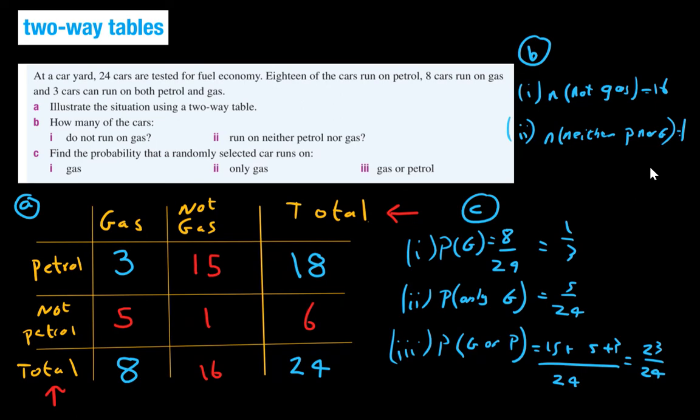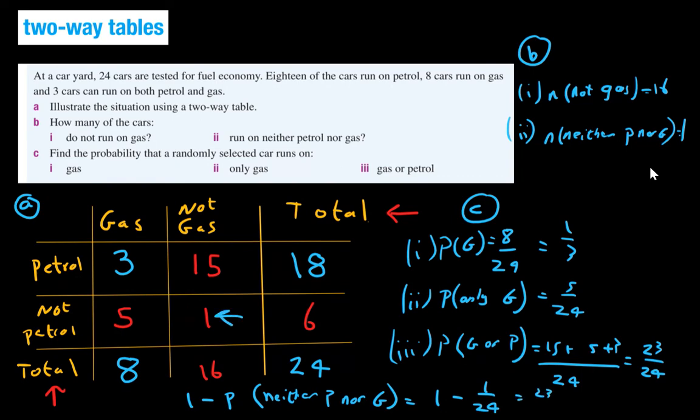So another way of doing this is to work out 1 minus the probability of neither petrol nor gas. So that is 1 minus 1 over 24, which is that value there.